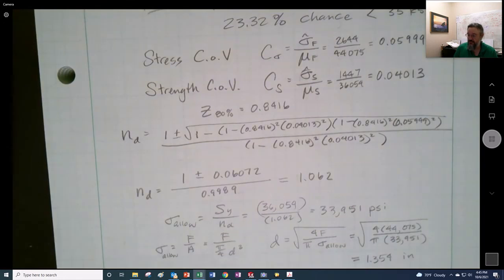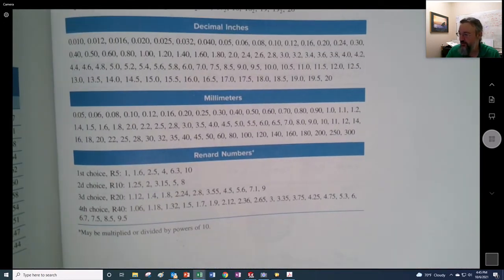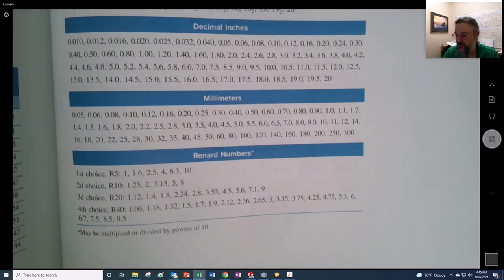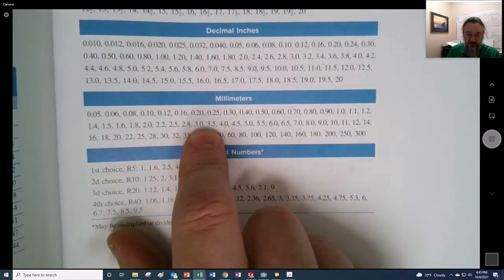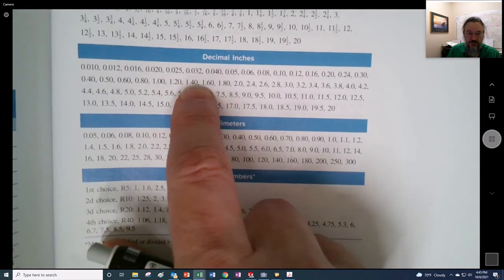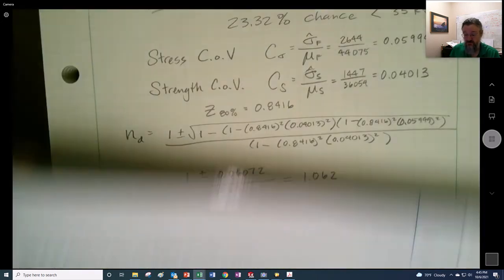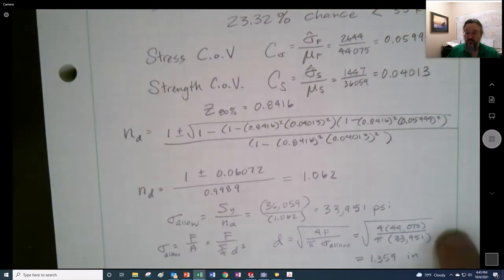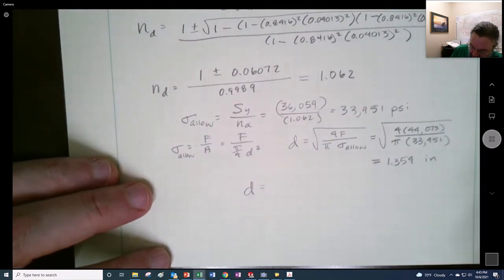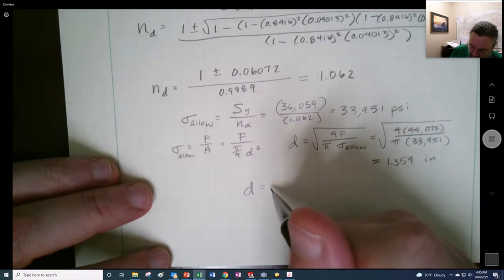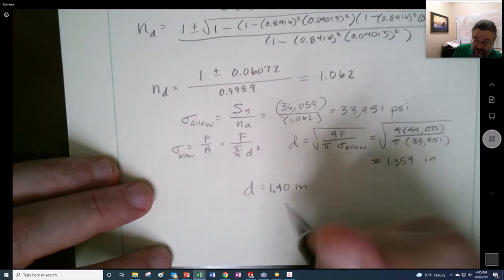But I also have the choice of going up to a preferred size in decimals. So I might go 1.4. That would save a little bit, maybe. Try it out. So we could either say D was equal to 1 1/2, or let's say 1.4 inches. That's the one I decided to choose.